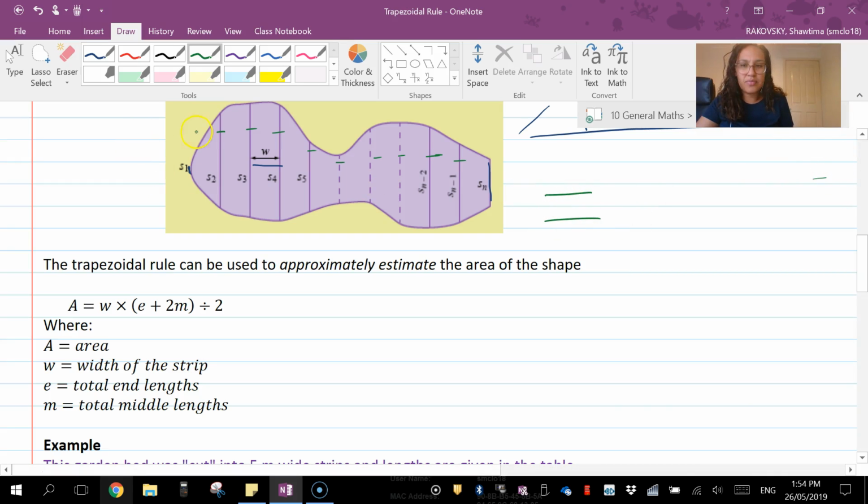If I cut this strip, this length also applies to the next one. If it sounds confusing, don't worry too much. Just note that it's always multiplied by 2, and then we divide that by 2, and that comes from the concept of a trapezium, which is A plus B divided by 2 times the height. So this formula is a modification and repurposing of that.